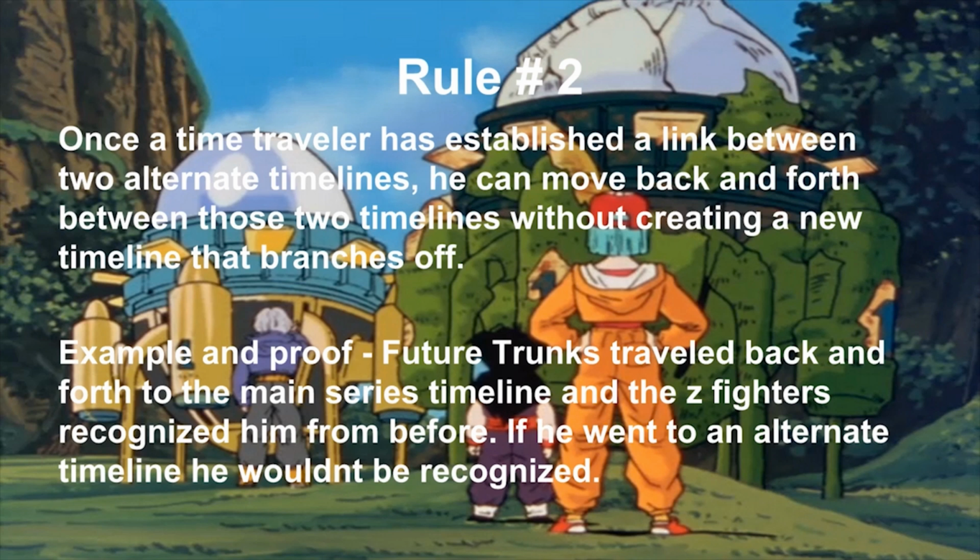And he's able to go back and forth between his timeline and our timeline without necessarily creating a new branch, and it's proven as the Z fighters recognize Trunks. If Trunks was going to a completely different timeline, then the Z warriors would not have known who he was from the future. So that's rule number 2.